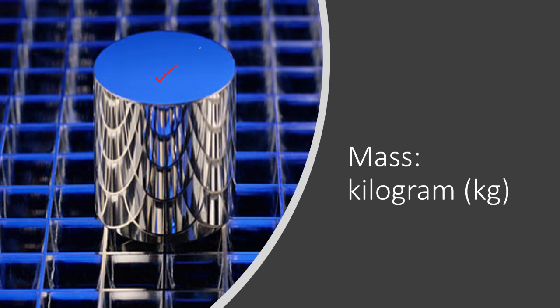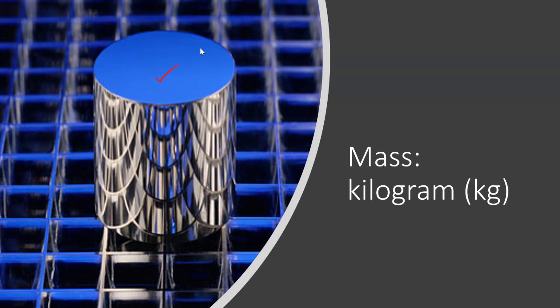I think this is actually a picture of a copy of the actual kilogram in France. Now it's no longer defined that way. It's defined based on a constant of nature. So the kilogram is about 2.2 pounds, just for those who are curious.